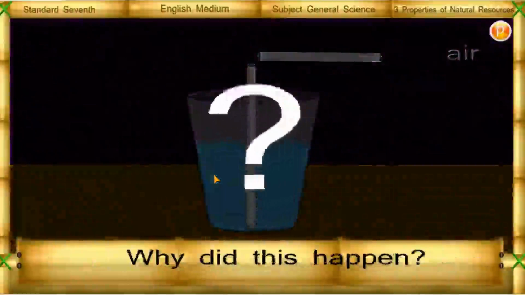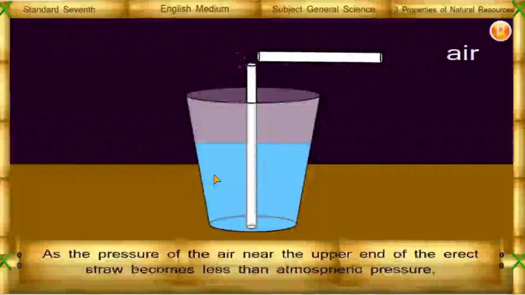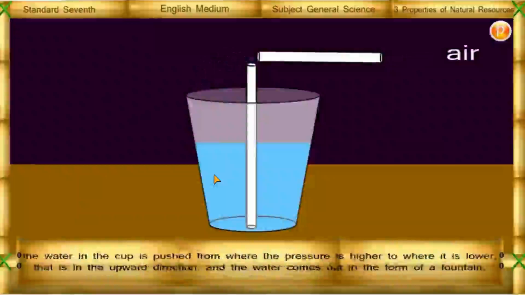Why did this happen? On blowing through the straw, the air at its open end is pushed away and hence the pressure of the air near the opening goes down. As the pressure of the air near the upper end of the erect straw becomes less than atmospheric pressure, the water in the cup is pushed from where the pressure is higher to where it is lower.